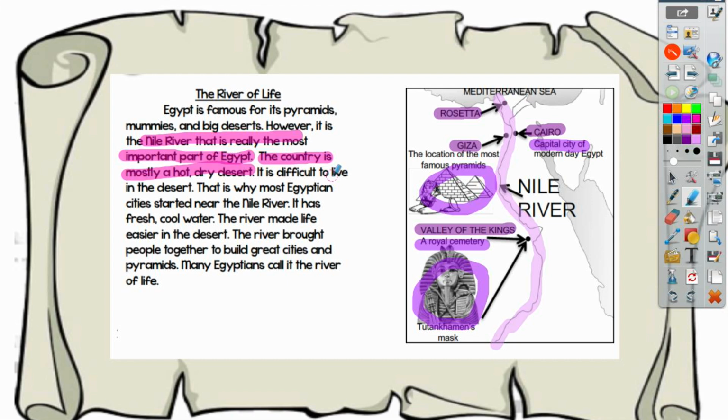In addition to this, it also points out that most of the Egyptian cities started near the Nile River. The last point that I want to highlight is that the river brought people together to build great cities and pyramids.